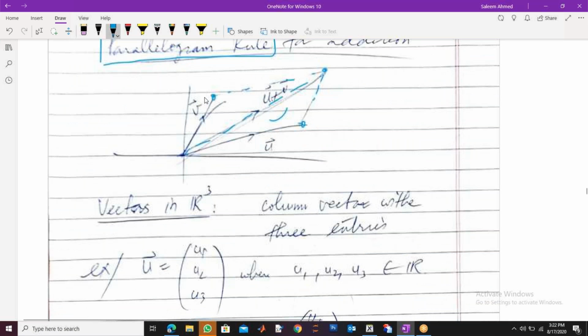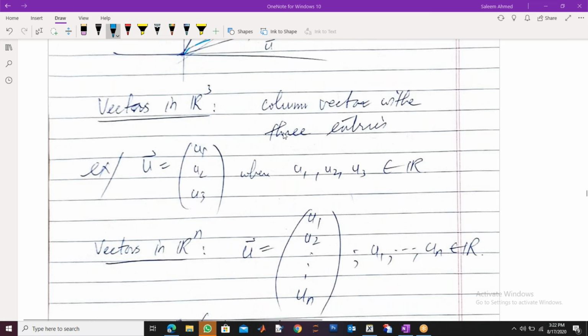Similarly, if you have three entries in the vector, still one column but now three rows, it means there are three real numbers arranged in one column, and these will be vectors in R3. They will be vectors from R3, because now you have three dimensions.